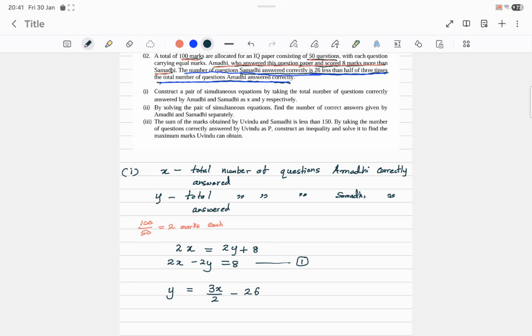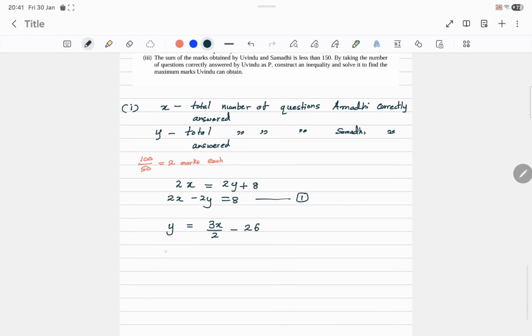Then for that less-than part you have to subtract 26. So now let's multiply by 2 and create our second equation: 2y equals 3x minus 52. So then 3x minus 2y equals 52 is the second one.